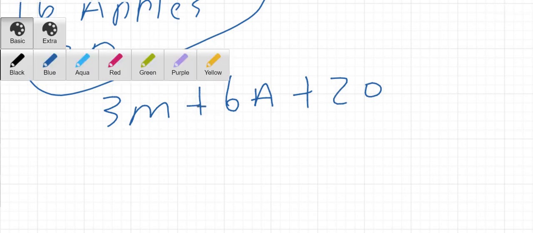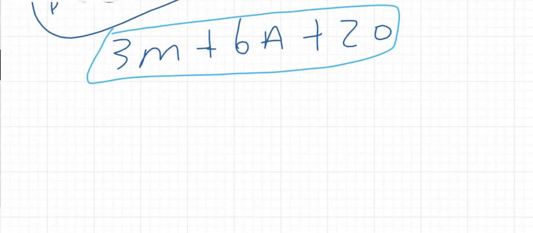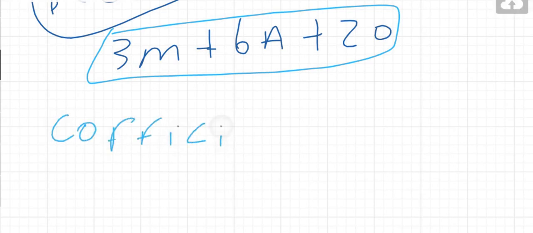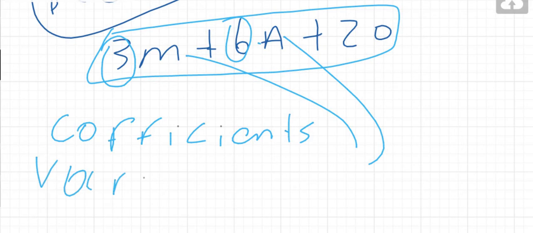Now, this is what we call an algebraic expression, which normally consists of what we call coefficients, and the coefficients are the numbers that are in front of the letters. These letters are what we call variables.